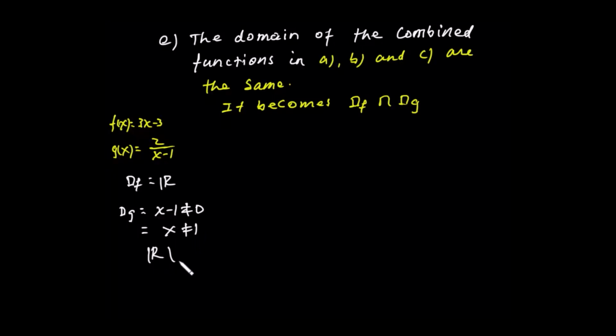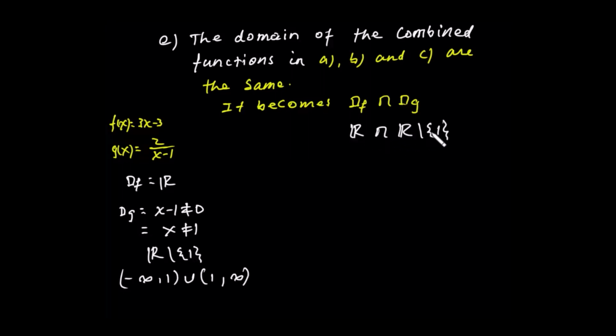This is the set of all real numbers without 1. There is no other secret. Or in interval notation, from minus infinity up to 1 union from 1 up to plus infinity, we can describe the domain of g. All real numbers except 1 versus all real numbers: what distinguishes them is just the absence of 1. So this becomes the domain of f and the domain of g. The domain of f is the real numbers, intersection R without 1.